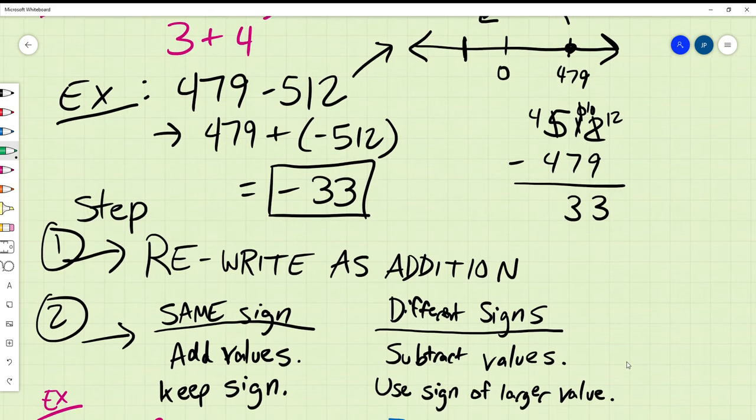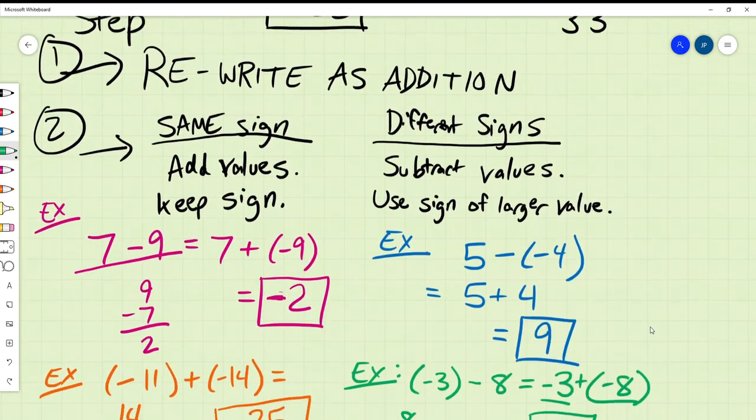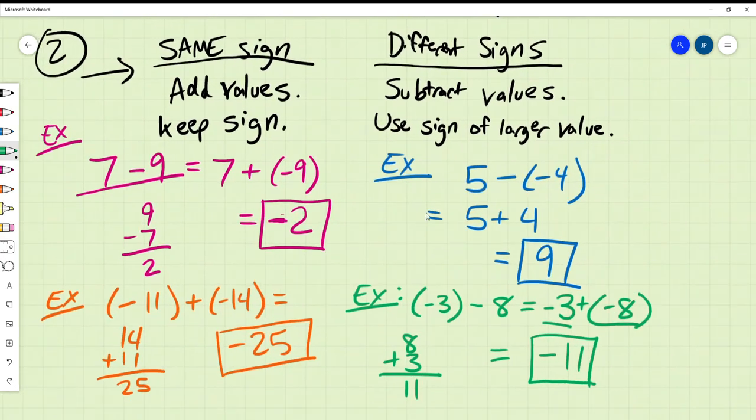Then we use the sign of whichever value was larger. We had to do that in the example down here when we had 7 minus 9. That's the same thing as 7 plus a negative 9, so we subtract the values. We take the difference, 9 minus 7. And because the larger number was the negative 9, our final answer is a negative number.